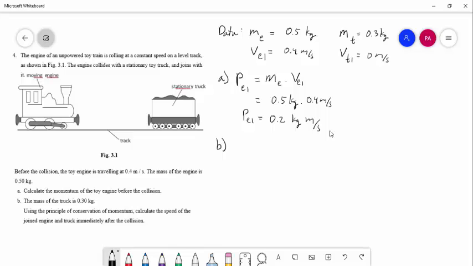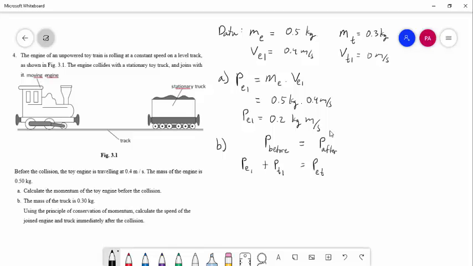So the momentum before collision is the momentum of the engine plus the momentum of the truck, equal to the momentum of the engine and the truck after, because they become one, they join.